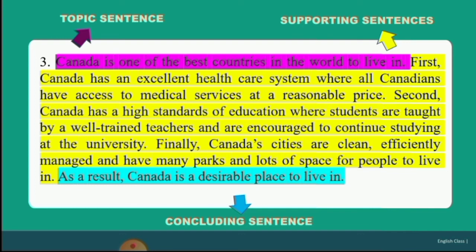And then in the last part, which is the conclusion, we have there the signal words as a result. So meaning it's the conclusion. Canada is a desirable place to live in. So I hope, learners, that you got a high score in our activity.